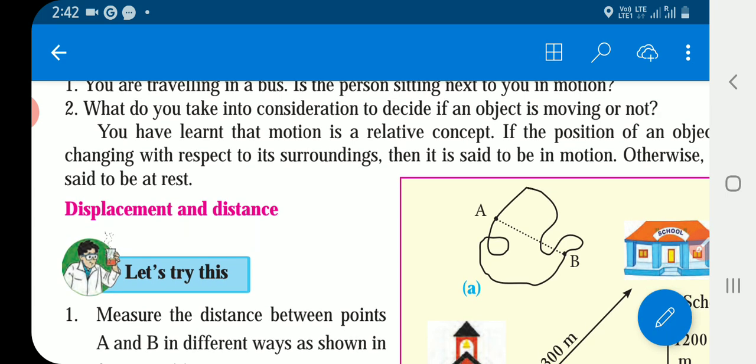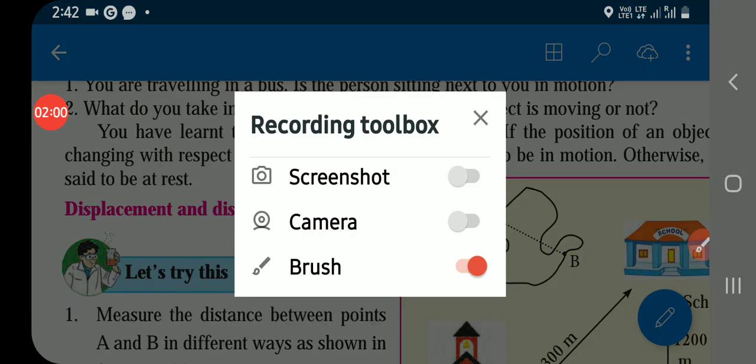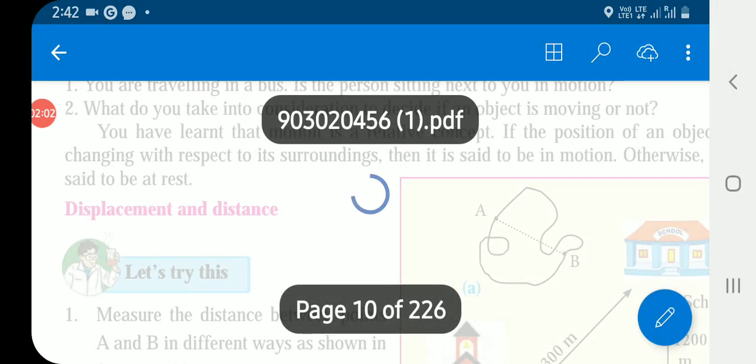So, motion is a relative concept. Very important.